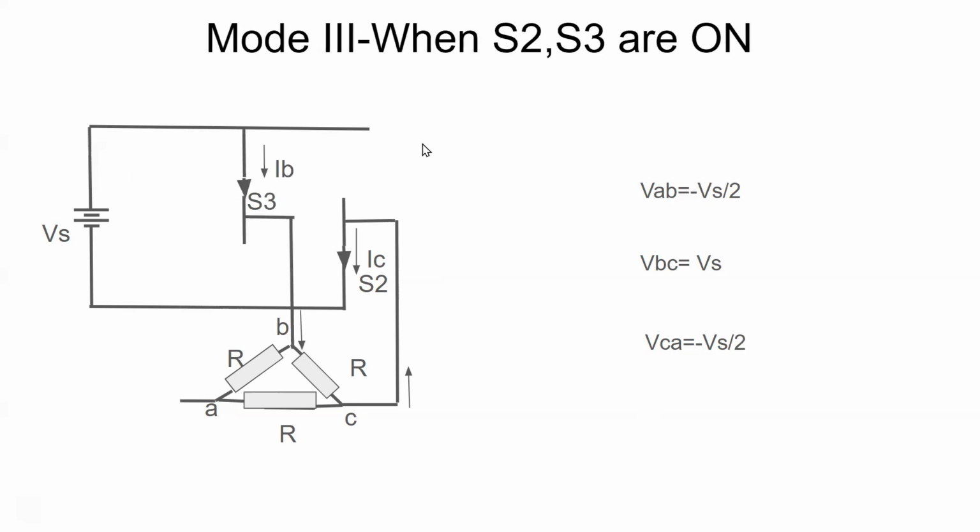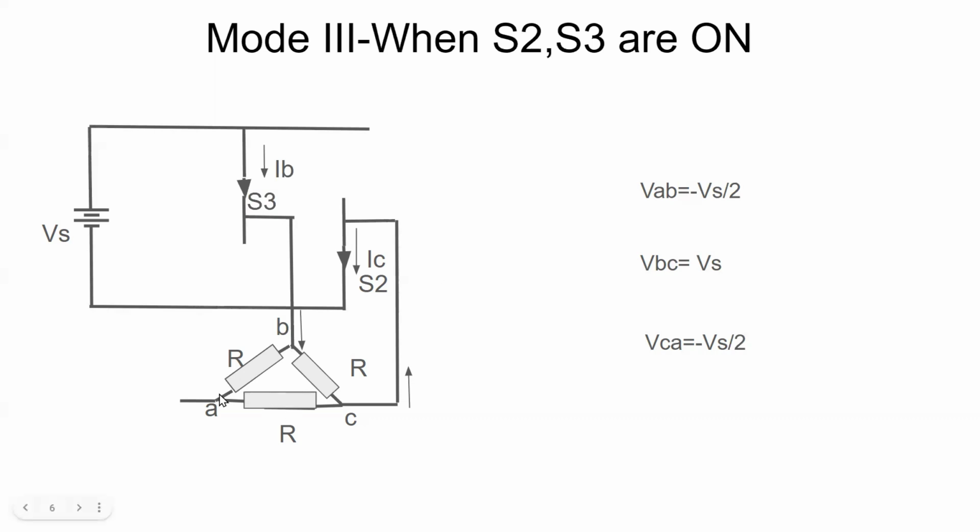This is mode 3, during which S2 and S3 are in the on condition. B is connected to plus of Vs through S3. C is connected to minus of Vs through S2, and A terminal is kept open. So we can write VBC is equal to plus Vs, and VBC is again shared by these two resistors equally.